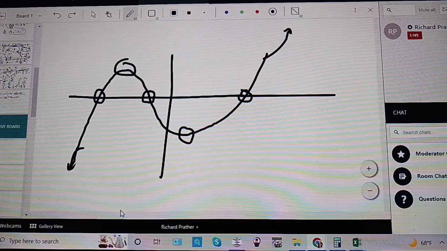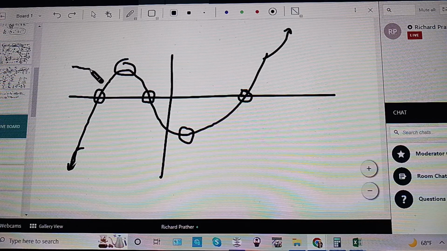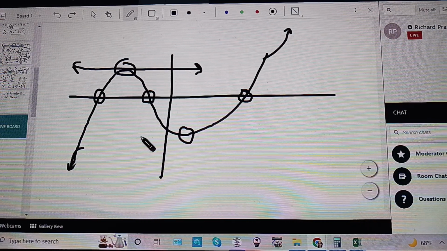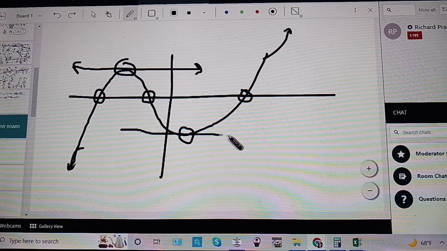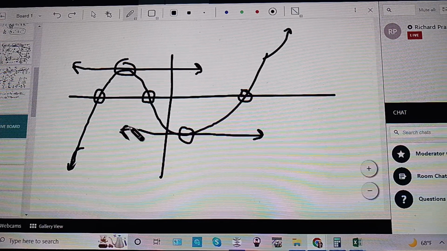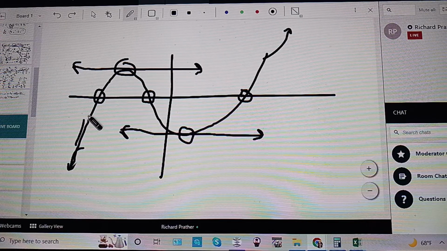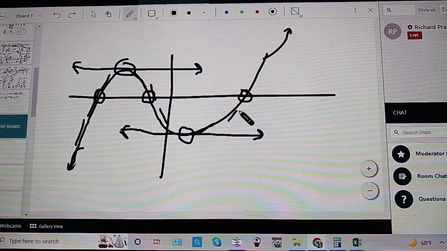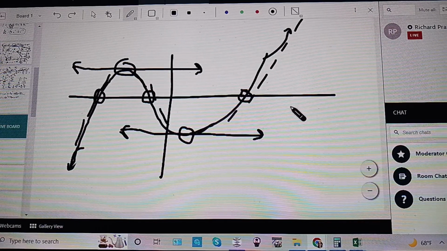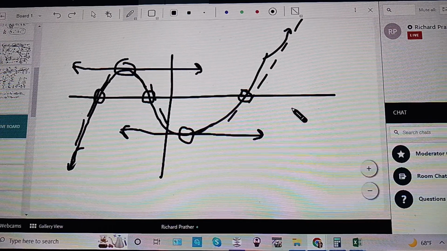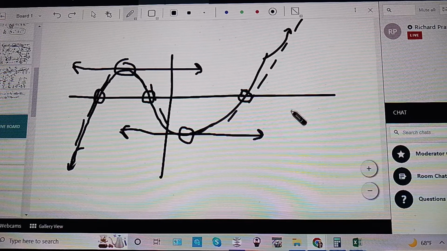Well, horizontal tangent lines are at these turning points. So there's a horizontal tangent line, and here's a horizontal tangent line. Everywhere else, tangent lines are either positive or negative, everywhere else on the whole curve. So these are special because they happen less often than anything else.